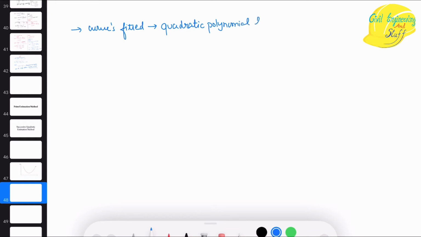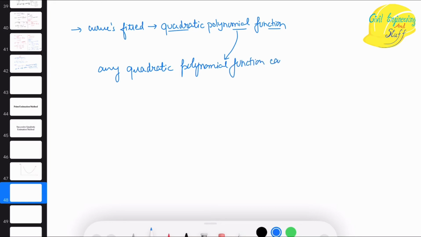Any quadratic polynomial function can be defined by 3 points.